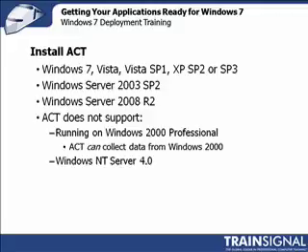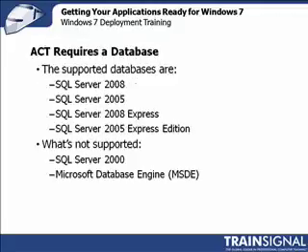It's also not supported to run on NT 4.0 servers. Now, ACT requires a database. The supported databases are SQL Server 2008, 2005, and the Express edition of either of those. The database engine that's not supported is SQL Server 2000 or the Microsoft Database Engine, MSDE.